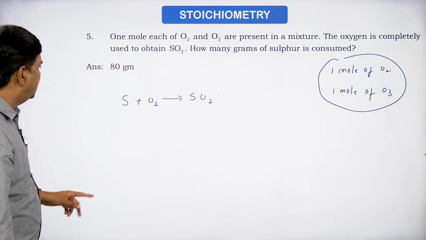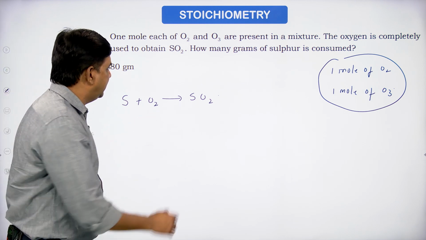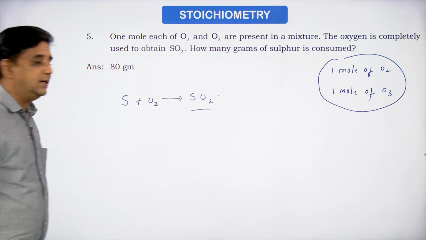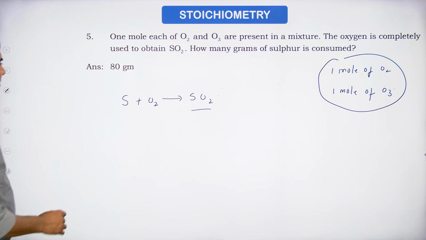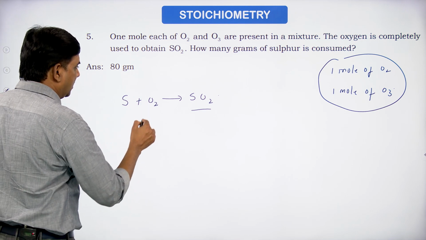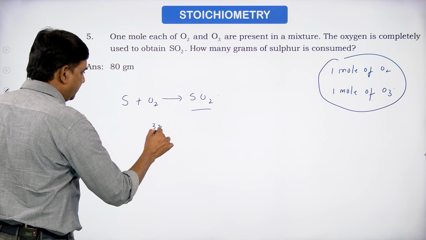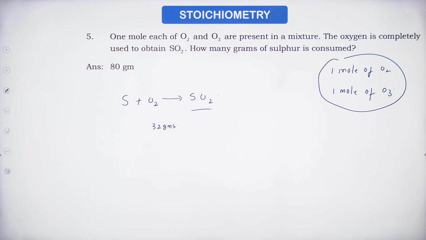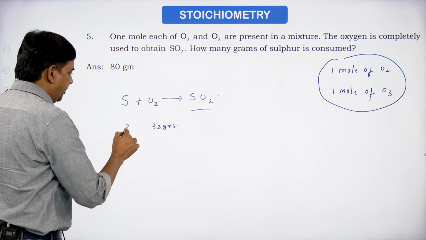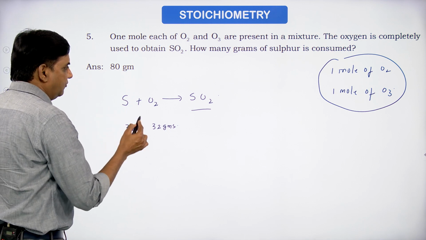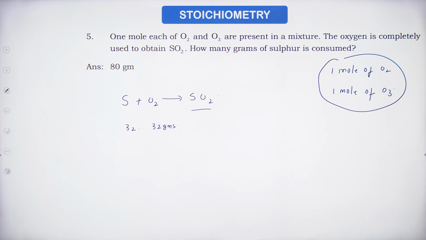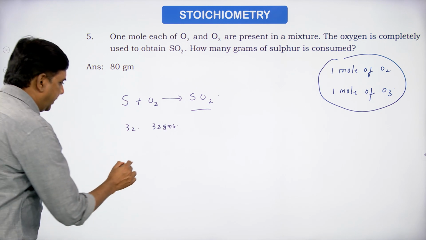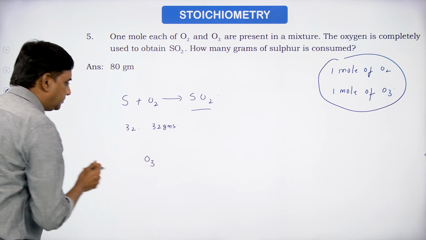Oxygen is completely utilized. So, S plus O2 gives SO2, sulfur dioxide. One mole of oxygen means 32 grams, and sulfur is also 32 grams. 32 grams will give the SO2. Now, ozone is highly unstable.